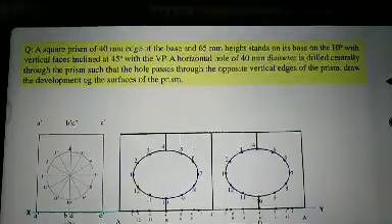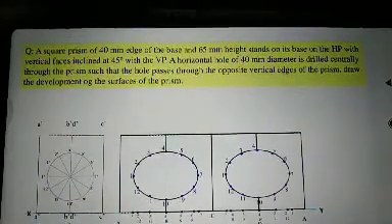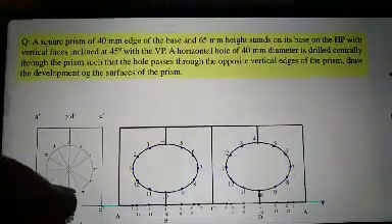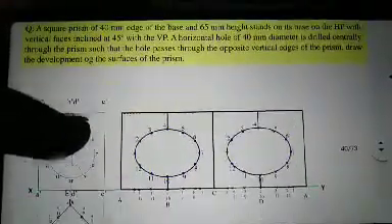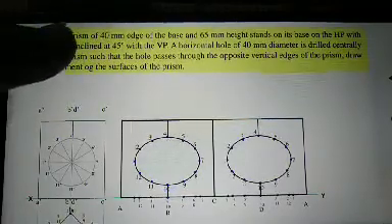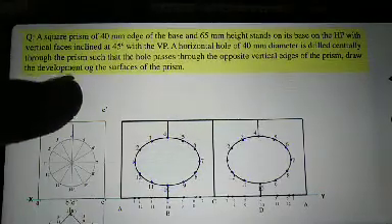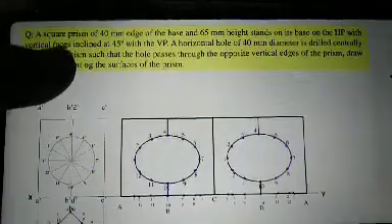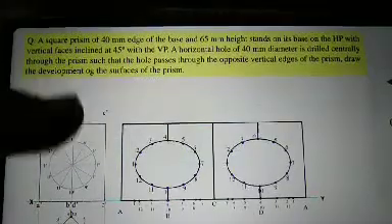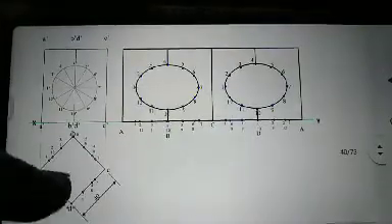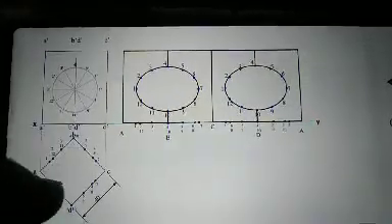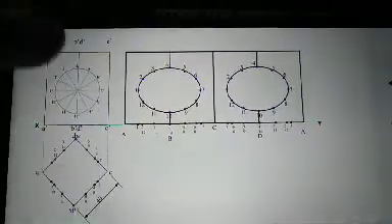Every problem has some conditions to solve that problem, and those conditions are useful for better solving of your problem. Okay, so this question consists of some important conditions. Out of that, first is a square prism of 40 edge, that is the base ABCD equal to 40 is given.